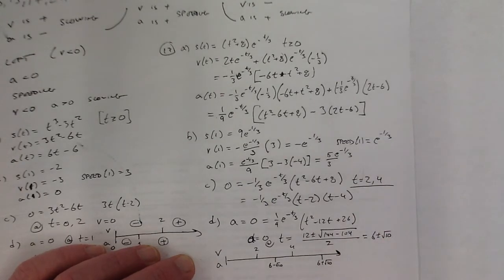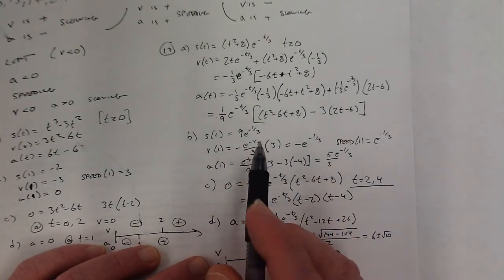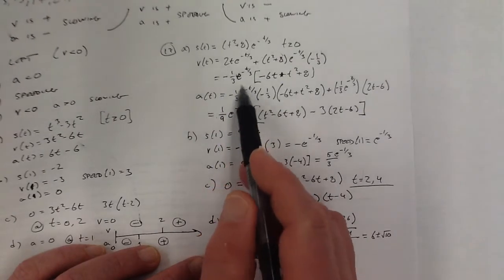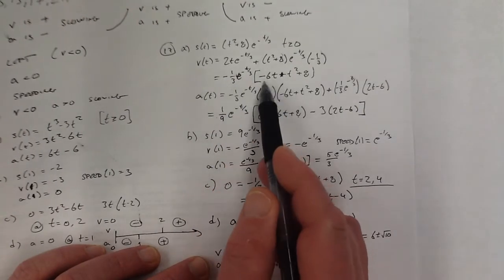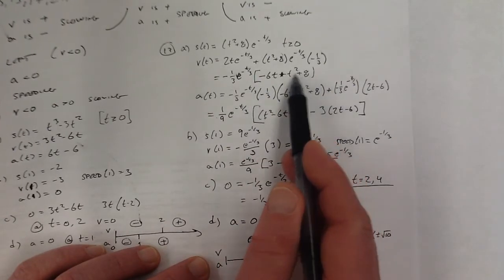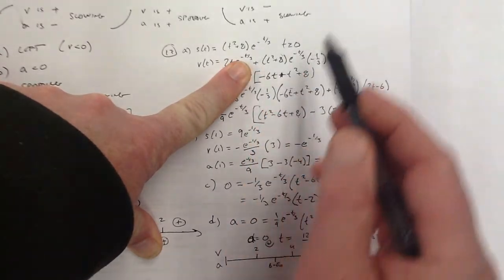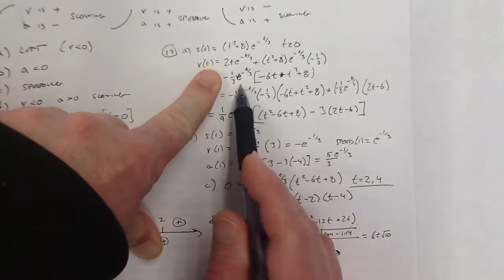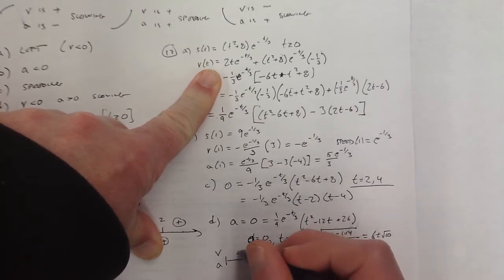Right, so I need to figure out what's going on with the signs here. And you have to be careful because with the velocity, I have something that's always negative here, and then this is an upward opening parabola. If it was just this, then it would have to be plus, minus, plus. But this is going to switch it to minus, plus, minus.